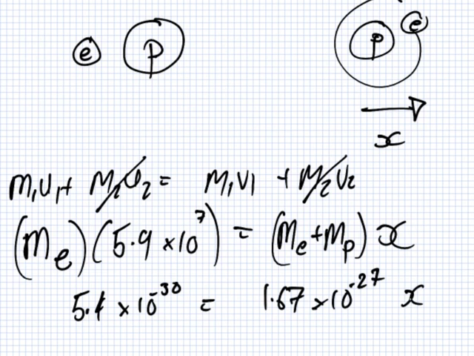So when I divide, x equals 0.003 meters per second. 30 or 38? 30.